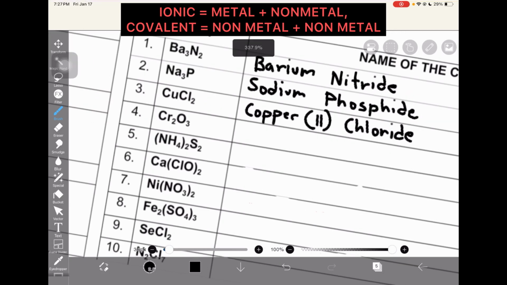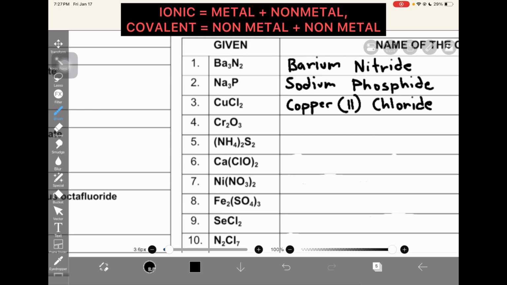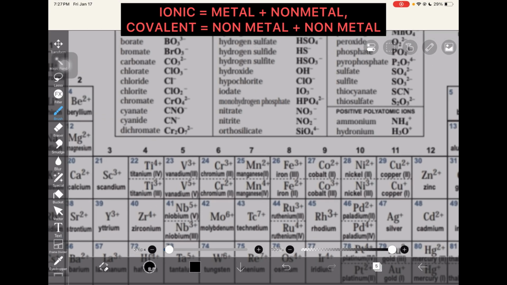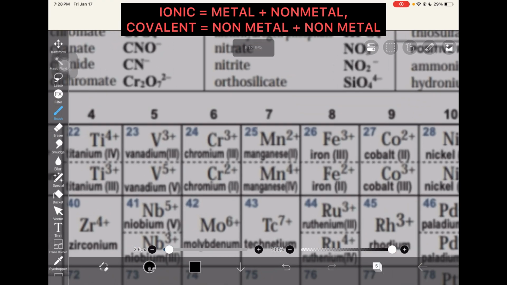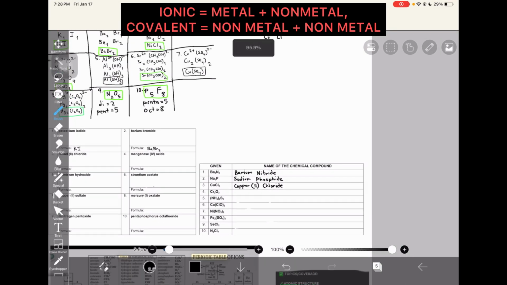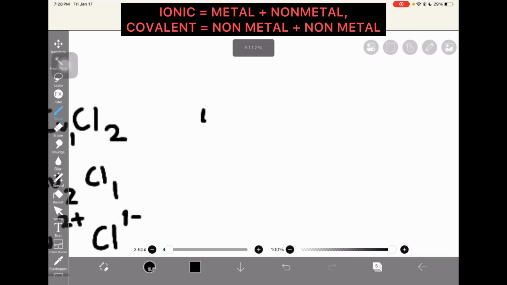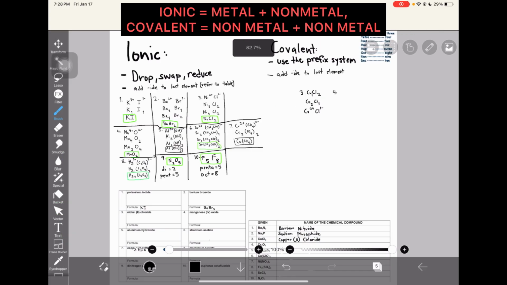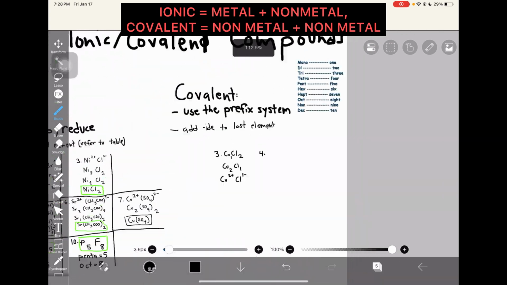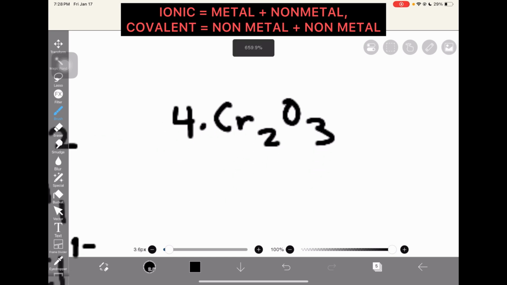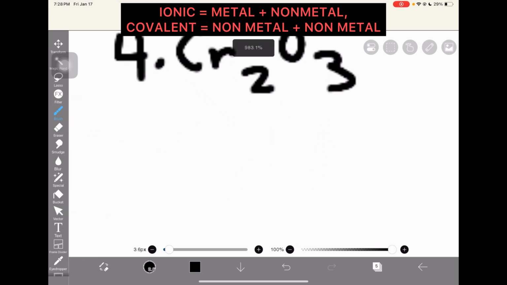Next, Cr2O3. Chromium is once again one of those metals that has more than one possible charge. So once again, we're going to do the same thing we did here, but in reverse. Copy the formula first: Cr2O3. Then we don't need to reduce.